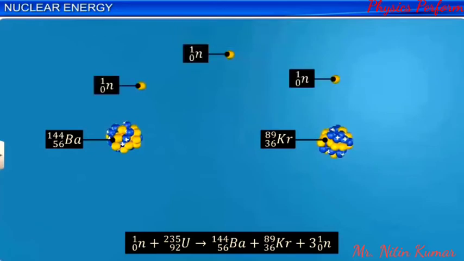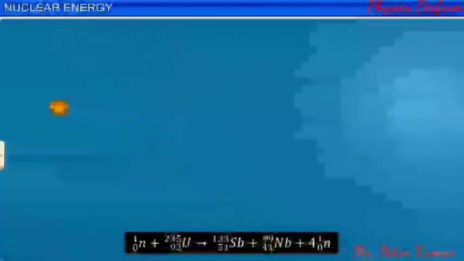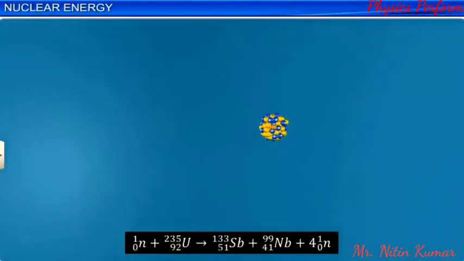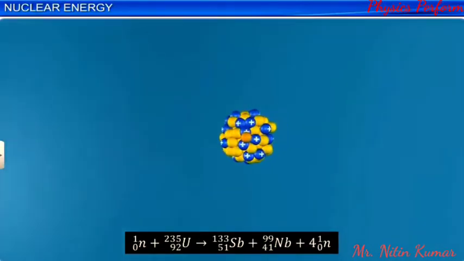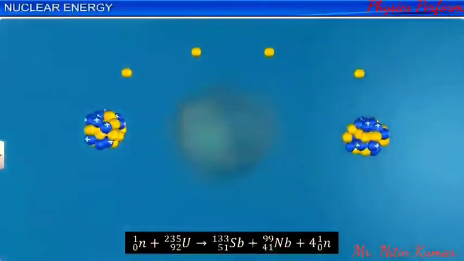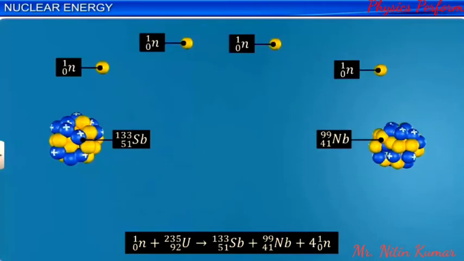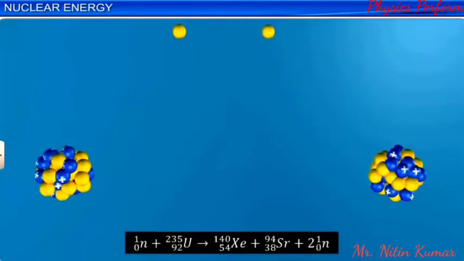It is also observed that in such type of fission, the products need not always be barium and krypton. The fission products of uranium-235 can also be antimony-133, niobium-99, and 4 neutrons, or xenon-140, strontium-94, and 2 neutrons.